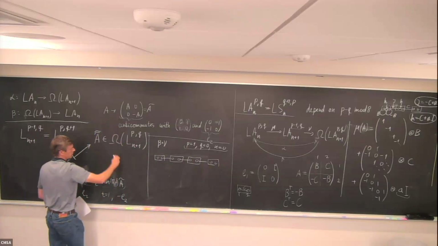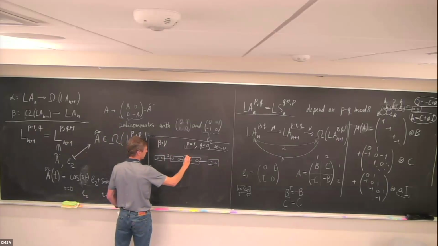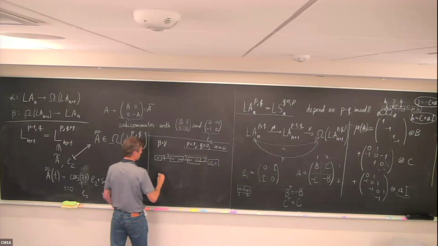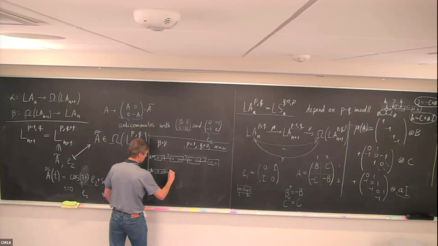By this construction, we double the Majorana chain. So there was a Majorana chain with coupling J. We double it. And we get the Majorana chain with negative couplings.